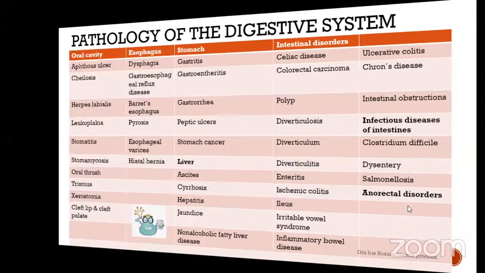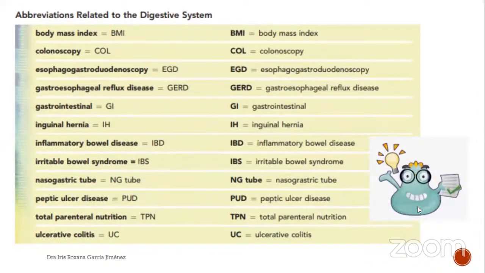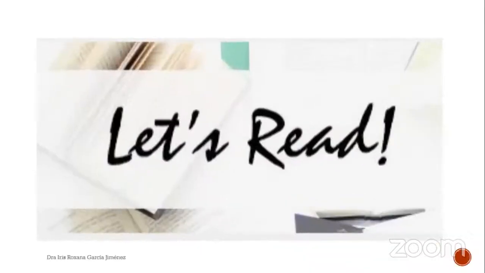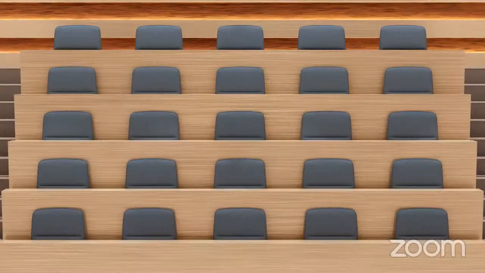That's why I didn't write them down. Again, abbreviations for the digestive system. Consider this, it's very important. And the best advice, let's read. Please, let's read. I know it's a lot of information. This presentation is too long, but we really need to do this, okay?